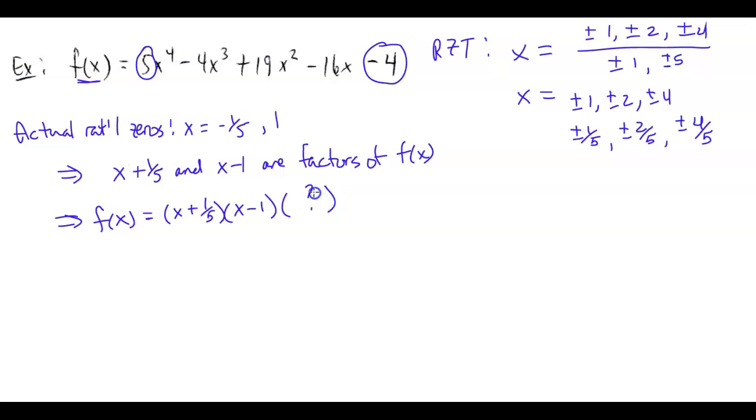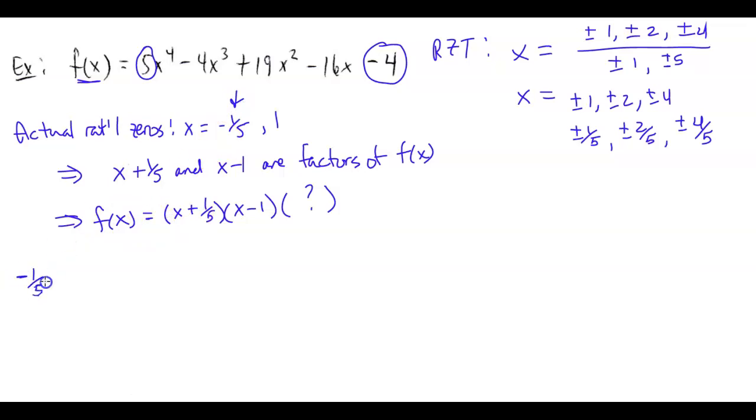So f of x is going to be x plus 1/5 times x minus 1 times something. And again, we're going to use our synthetic division to help us to be able to figure out what that something is.